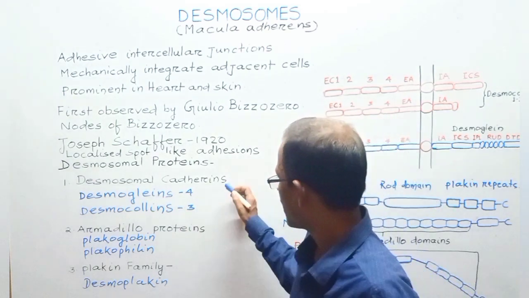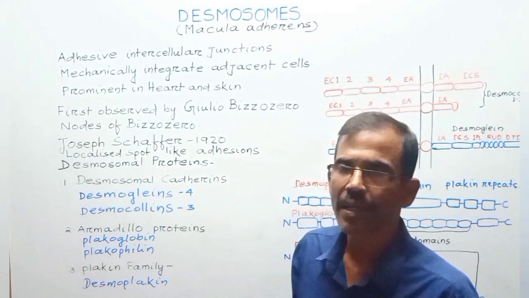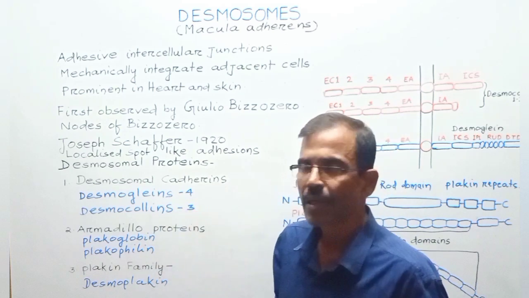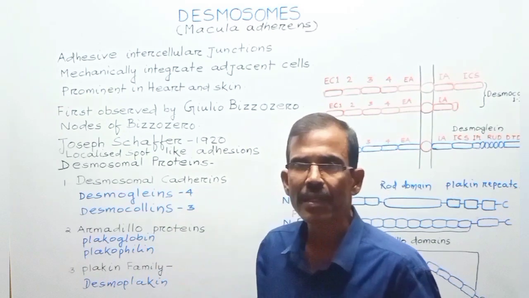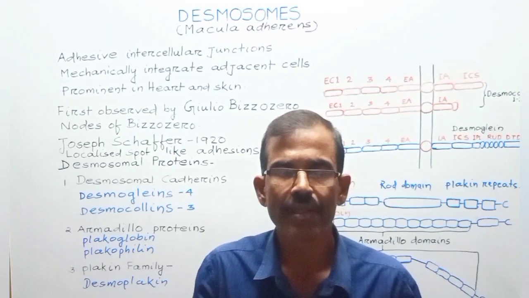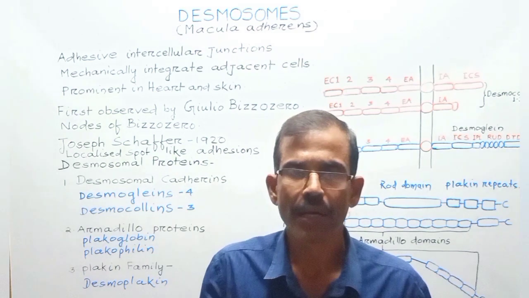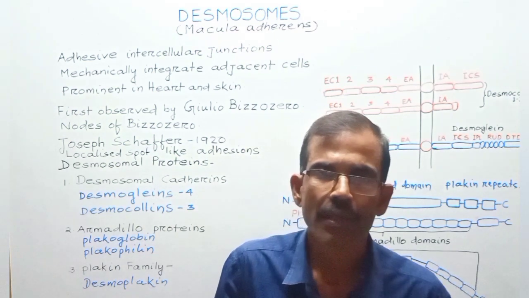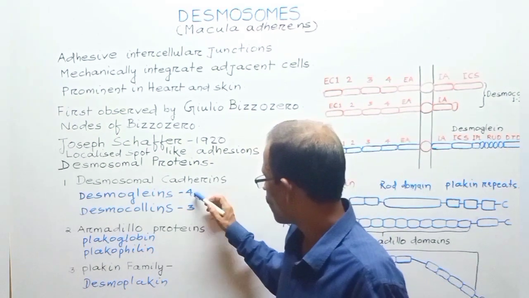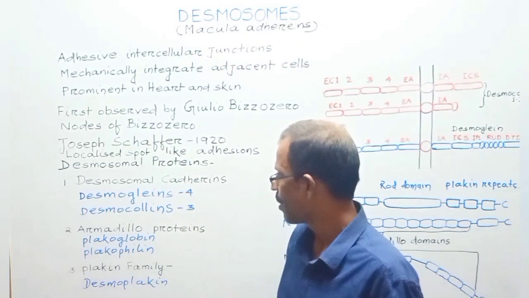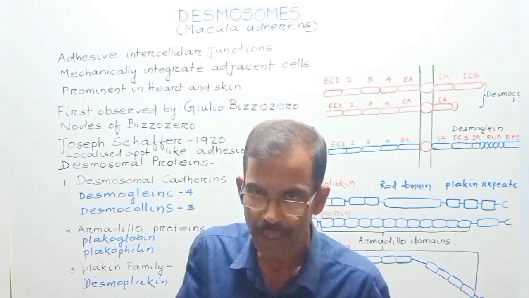Number one, desmosomal cadherins that include desmogleins and desmocollins. These proteins mediate calcium-dependent cell-to-cell adhesion. They are members of the cadherin superfamily. In humans, 4 genes encode desmogleins and 3 genes encode desmocollins.